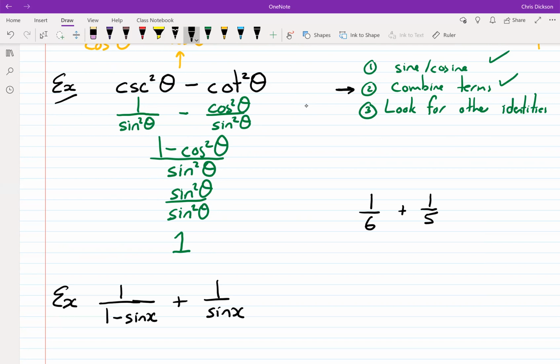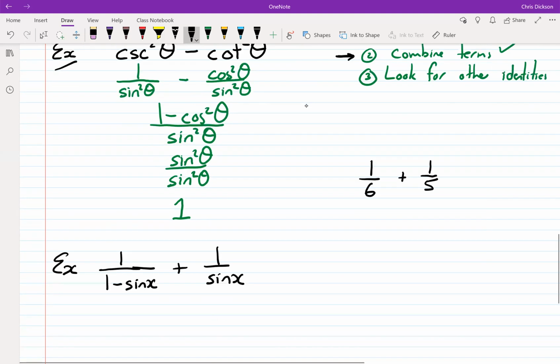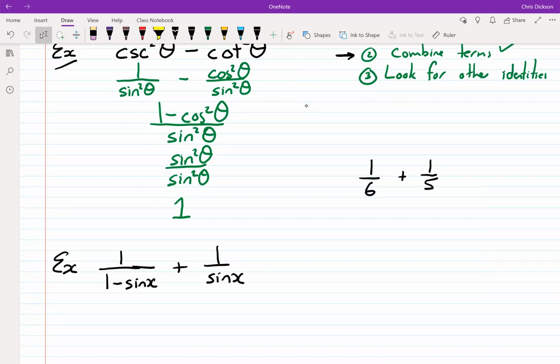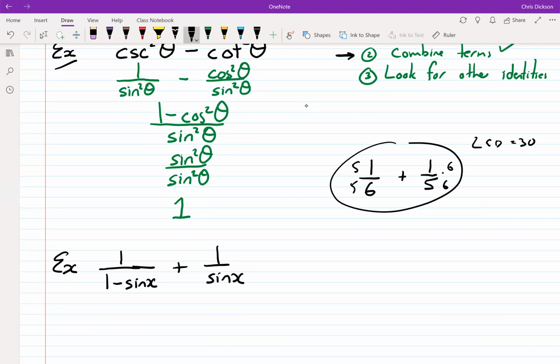But with this, it can look a little more daunting. So we have to look for LCDs, the lowest common denominator. In the example here, the LCD is clearly 30. So I would multiply this by 6, this by 6, this by 5, this by 5. And that would give me 5 plus 6 all over 30, which is 11 over 30. With numbers, it's usually fairly straightforward how you do that.